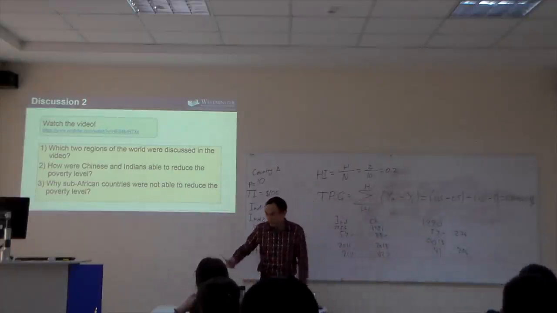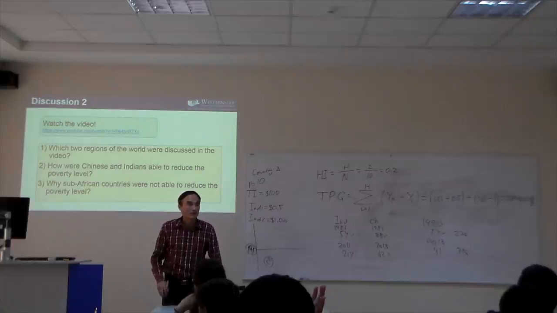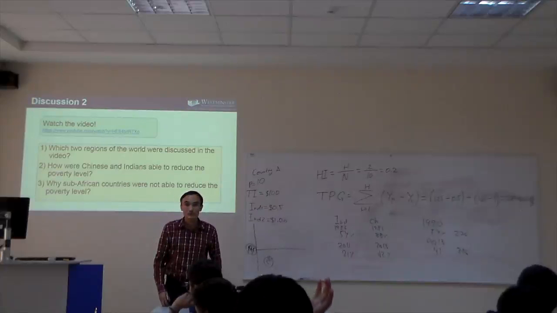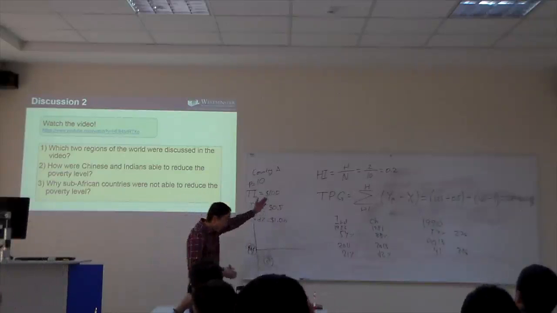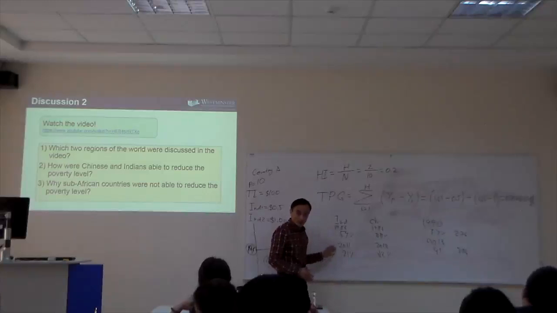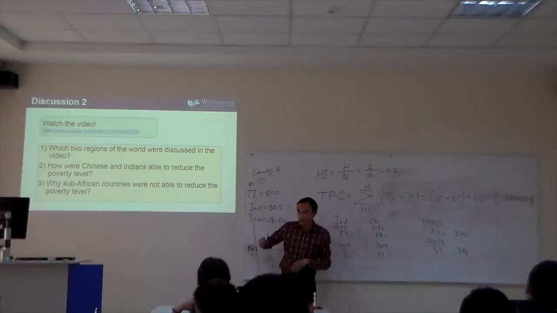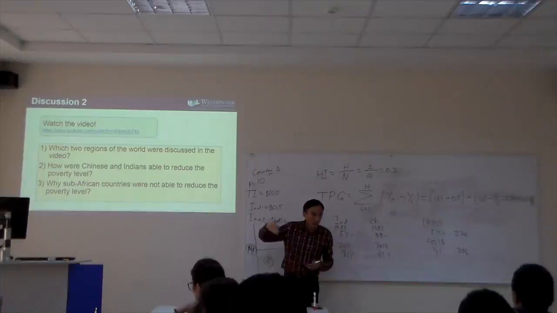So why were they not able to reduce the poverty level? Transportation problems. Here, one reason was urbanization, right? As you have heard in the video, Sub-Saharan Africa is one of the fastest urbanizing areas in the world.